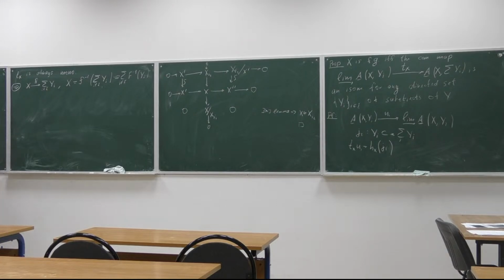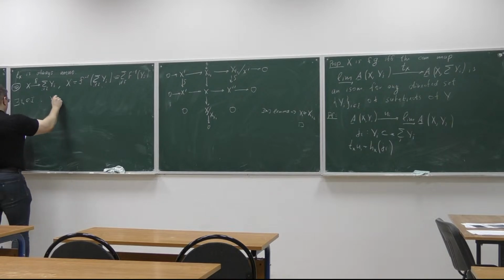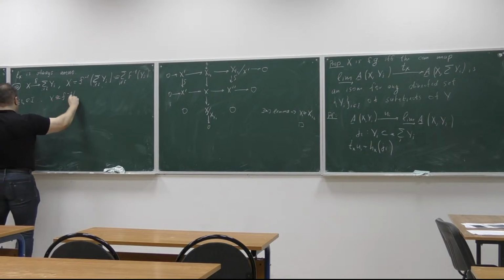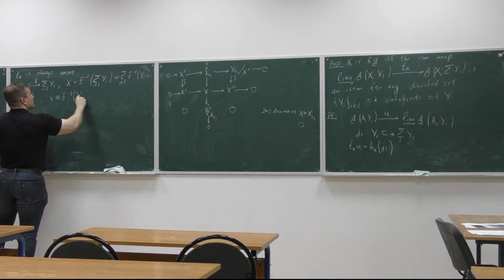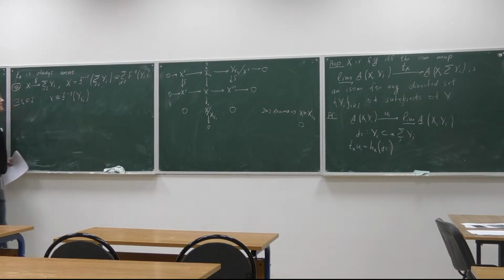Now we use that x is finitely generated to say that there is an index I naught in I such that x is isomorphic to the f inverse of the y I naught. Okay, does it make sense?